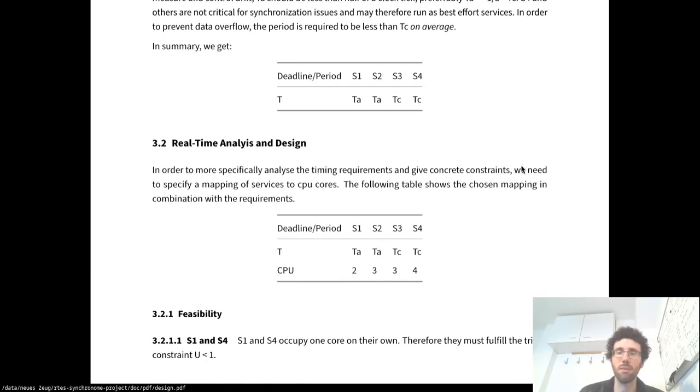The Raspberry Pi has a CPU with 4 cores, and Service 1 and Service 4 run on their own separate core, but Service 2 and 3 share the same core.